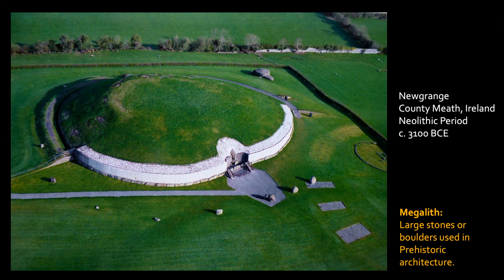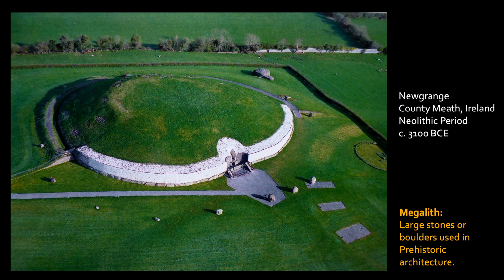What you'll also see on the screen here is definitions. So definitions are always included at the bottom of the Canvas page, but I also often incorporate them into lectures as well. Our definition that's important here is megalith, which is large stones or boulders used in prehistoric architecture. One thing I want to emphasize about megalith as a definition is it's a term that's restricted by time period.